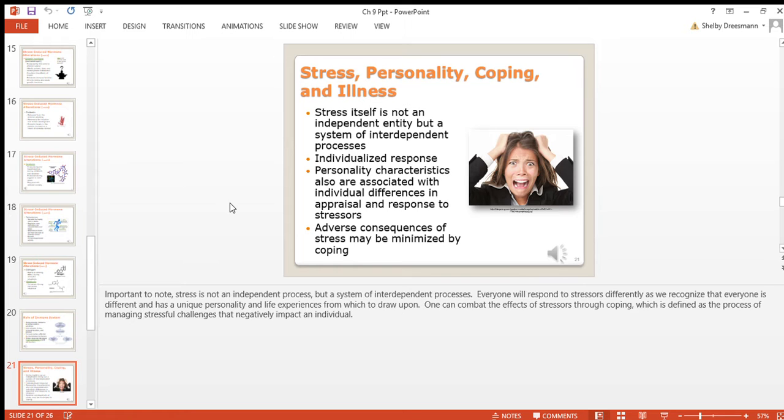So, adverse consequences of stress may be minimized by coping. That's a big one. For this, I have a sister, April, and she's a total Type B. I'm a total Type A. Many of you know this. I'm a complete Type A person. And then April, my sister, is a total Type B personality.